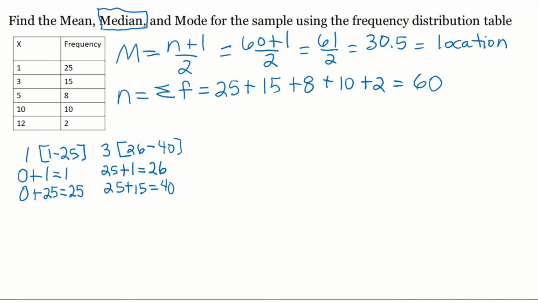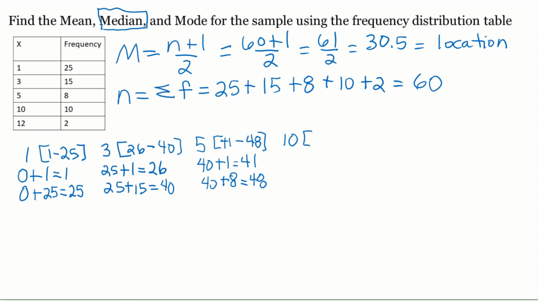And then I'm going to do the same with my 5. I'm going to take that 40 and add 1 to get my lower boundary. And then I'm going to take 40 and add it to the frequency of 8 to get my upper boundary, which will be 48. And then the next one is a 10.